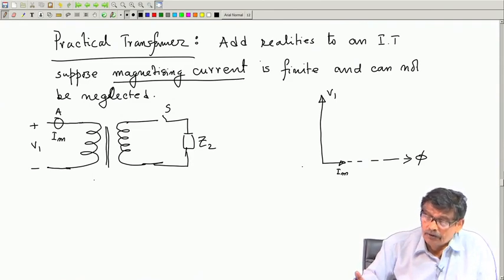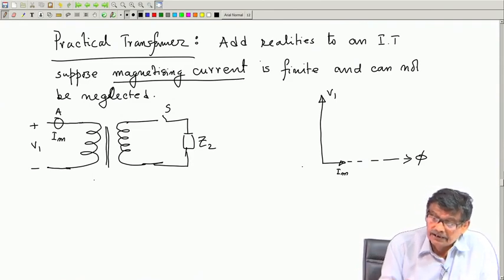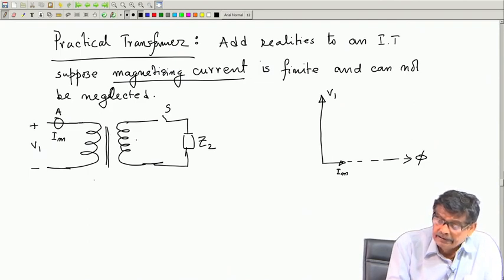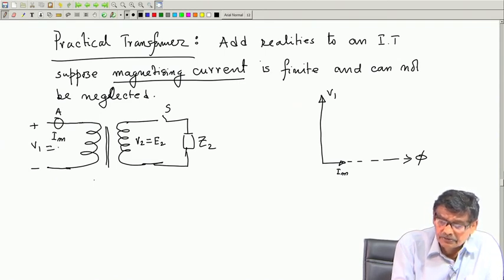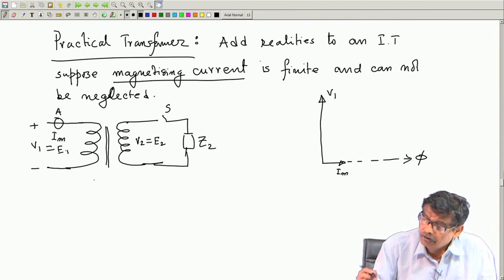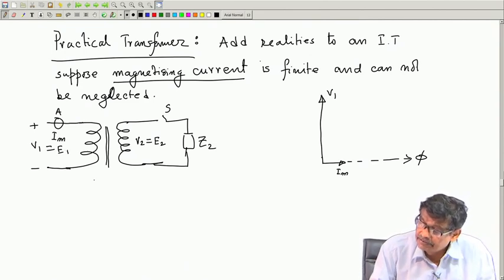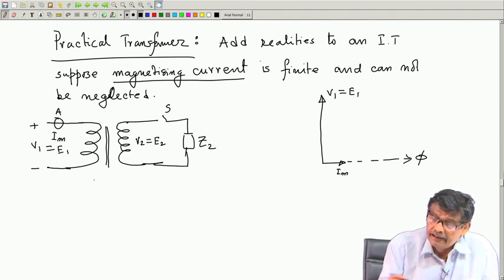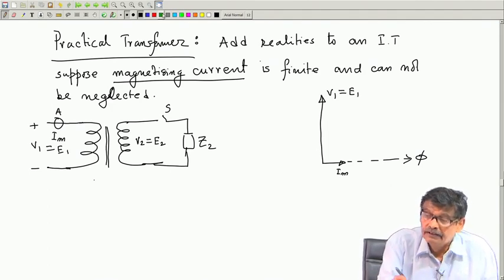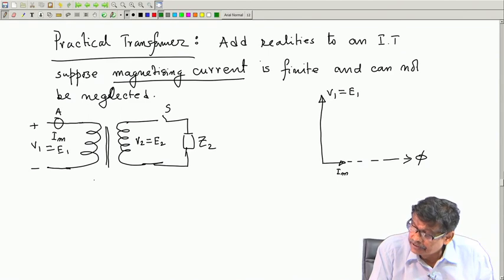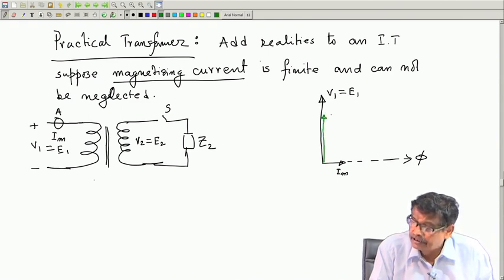So, this is the open circuit equivalent circuit, and if this is V 2, V 2 and E 2 are the same, because still drops are neglected, V 1 is equal to E 1. So, all voltages will be in phase. This is V 1 equal to E 1, same phasor, and depending upon the ratio, your V 2 phasor will be here. If it is a step down transformer, this is your V 2.